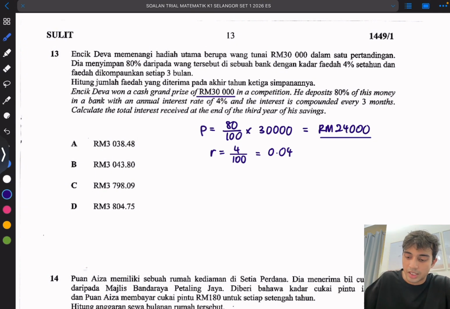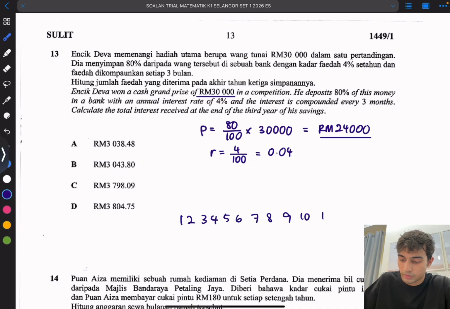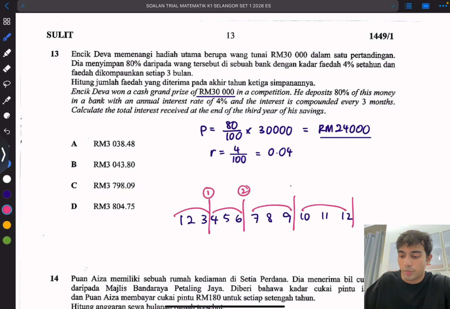Compounded every 3 months means, okay, in a year we have 12 months. So every 3 months, compound once. 3 months, compound. 3 months, compound. 3 months, compound. So in 1 year, it compounds 4 times.